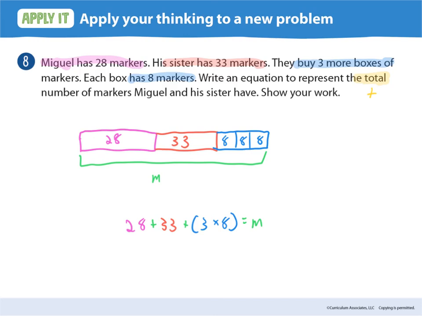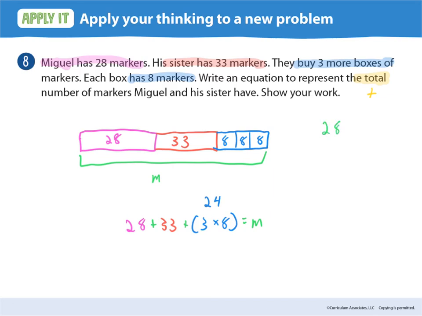Shouldn't be too bad. We can solve all of these on our own. We know that 3 times 8, hopefully we know this, sounds a little familiar, 24. Now we can simply just come back up here.